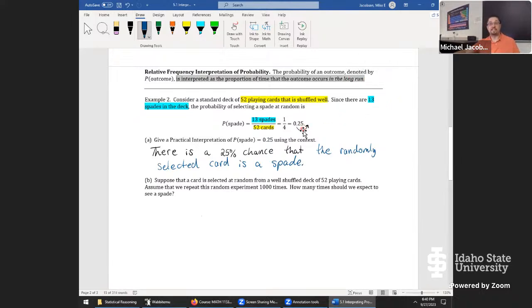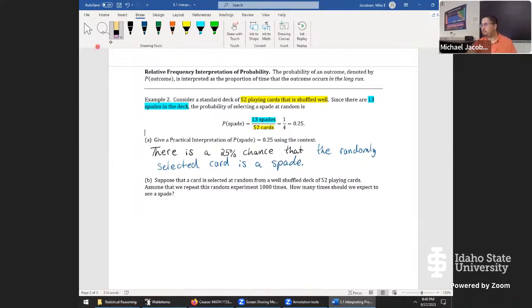Keep on shuffling your decks, and you will have a 25% chance in the long run of pulling a spade on your first pull of that deck. Well, we did it, folks. That's our practical interpretation. The computation was done for us, but no worries, in 5.3, we'll do one just like this. Any questions or comments at the moment and getting through that interpretation?